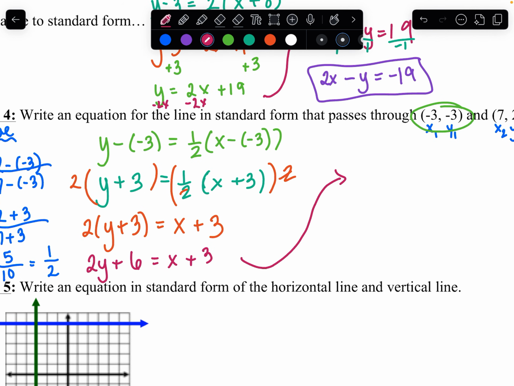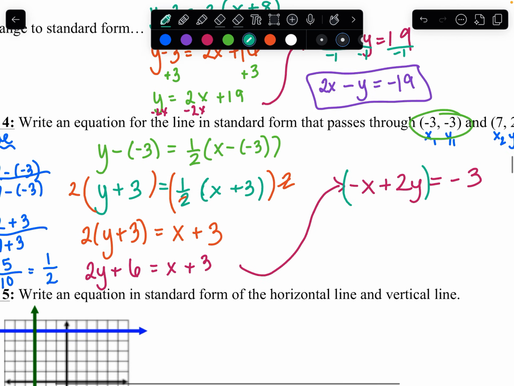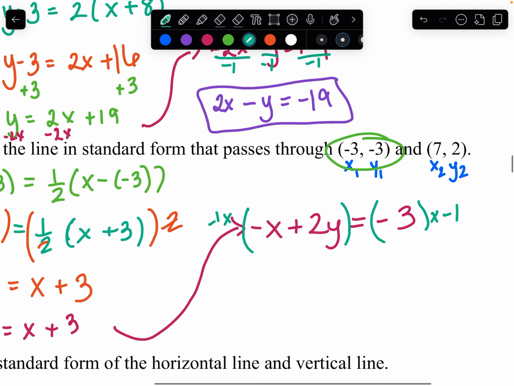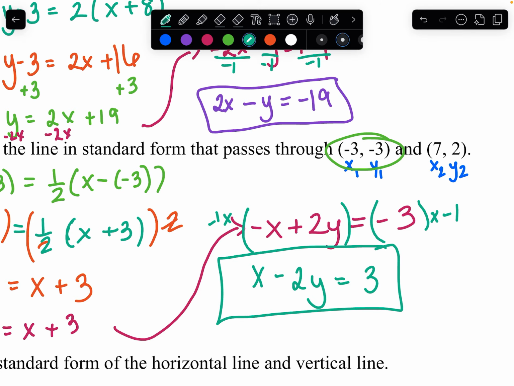I'm going to subtract x from both sides, and subtract 6 from both sides, to get negative x plus 2y equals -3. Now, we're not really dividing by negative one; they're the same thing. We're going to multiply by -1, and the reason we can do this is we're keeping the equation balanced. So we get x minus 2y equals 3. And there's your answer.